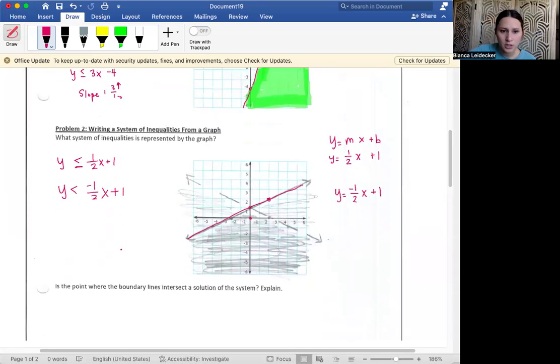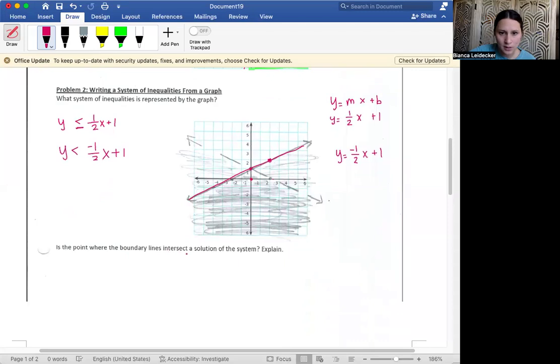All right, we've got a question here. Is the point where the boundary lines intersect a solution of the system? So the question is, is this point, this +1 on the y-axis, we would say 0, 1 as a point, a solution? You can check to see if it's a solution by plugging in your variables into your equation.